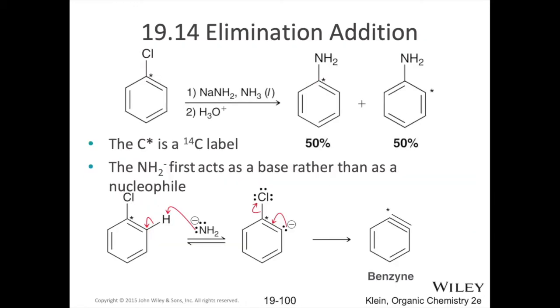So if we do a labeling experiment, let's say we label the carbon where our leaving group's attached with carbon 14 instead. Basically, in our products we have that amine attaching to that carbon, but we also have it at an adjacent carbon.